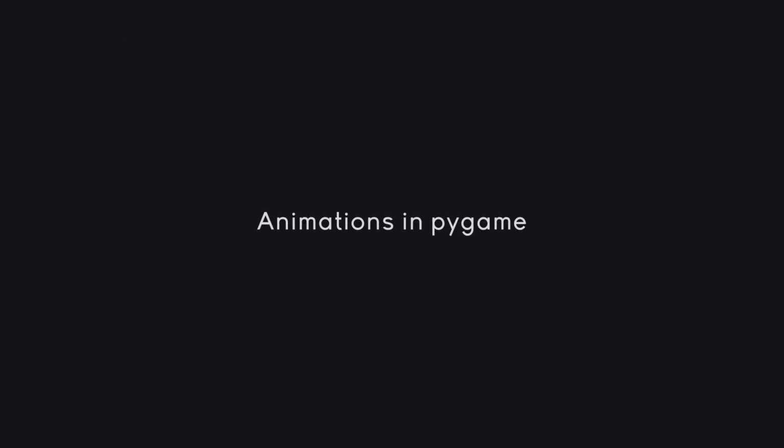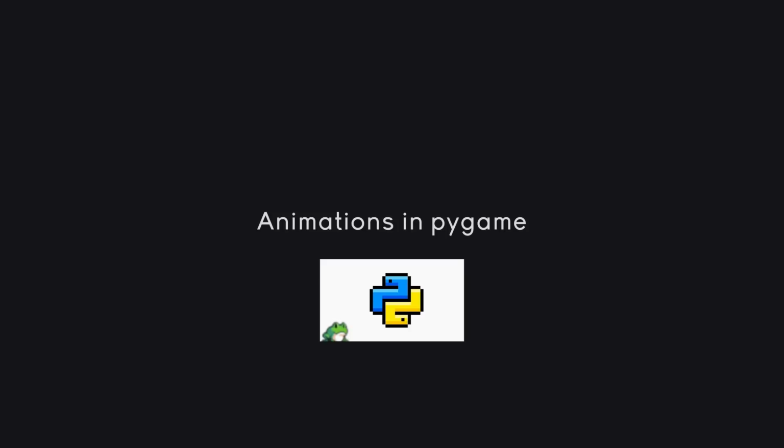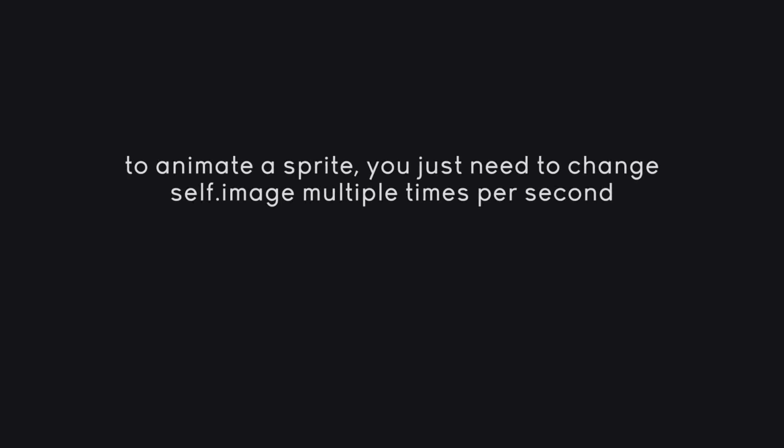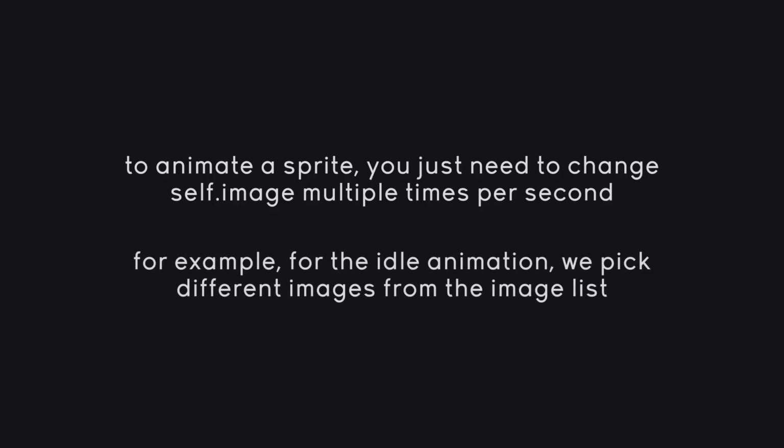And I have actually created a whole separate video on this ages ago, and I'm going to use the same logic here so you don't have to watch it. But in the most basic sense, all we are really going to do is that we are going to change self.image very, very fast. So for example, if our player is idling, we are picking one frame of it every few milliseconds and assigning that to self.image.